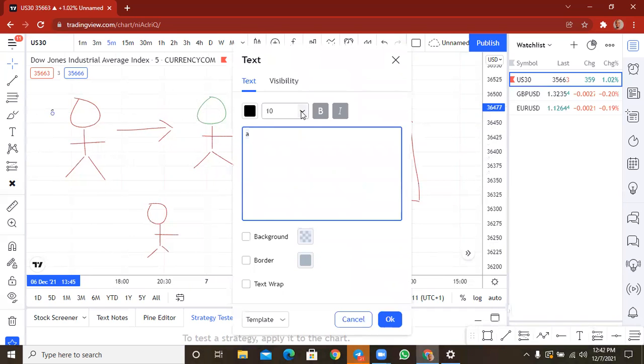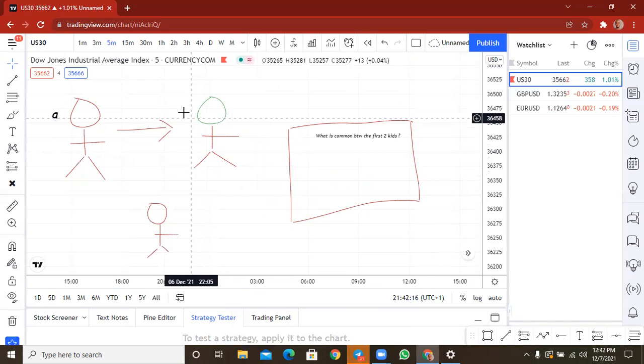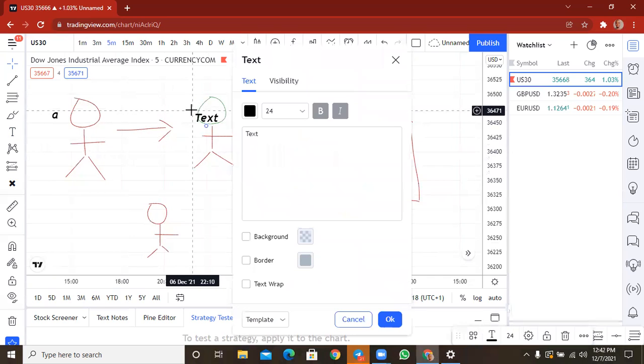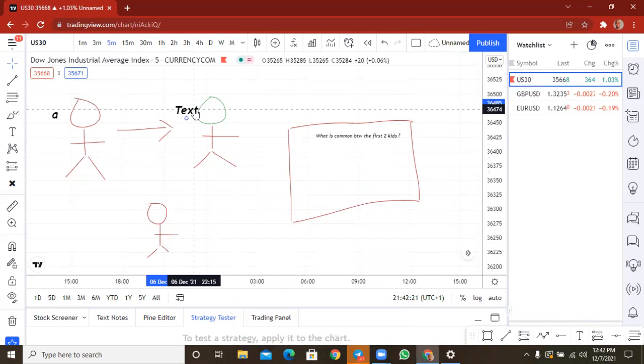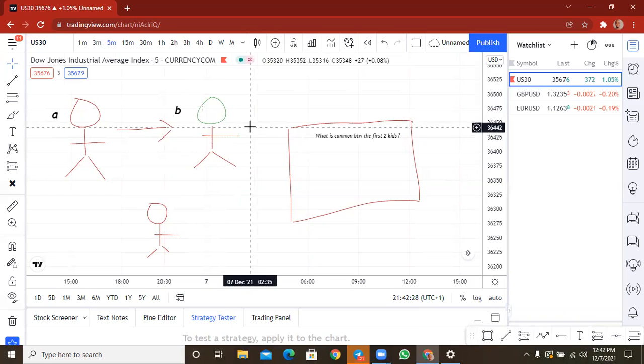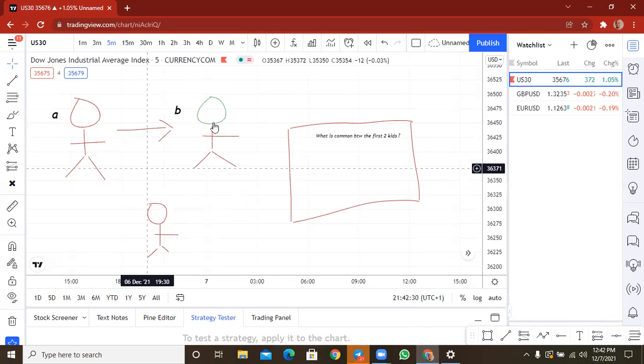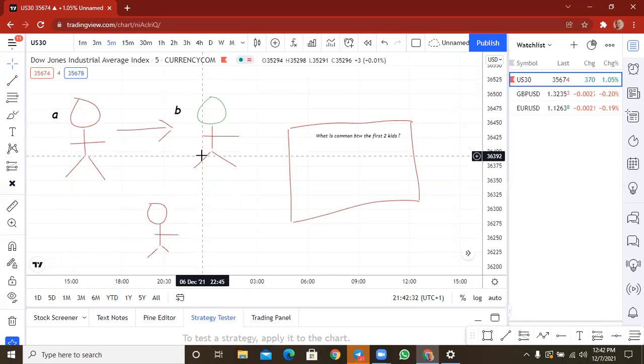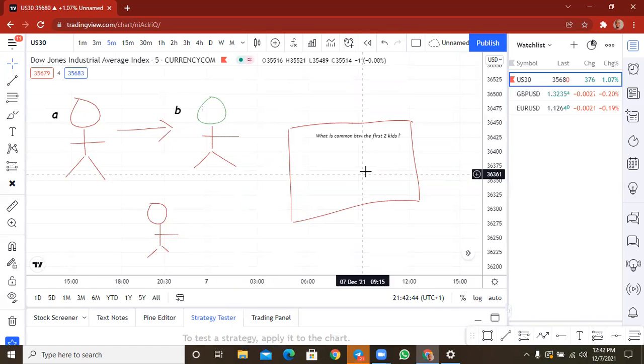So let me write this. So what does A have and B also have? Okay, that's what they mean by what is common between the first two kids. That's very, very simple.